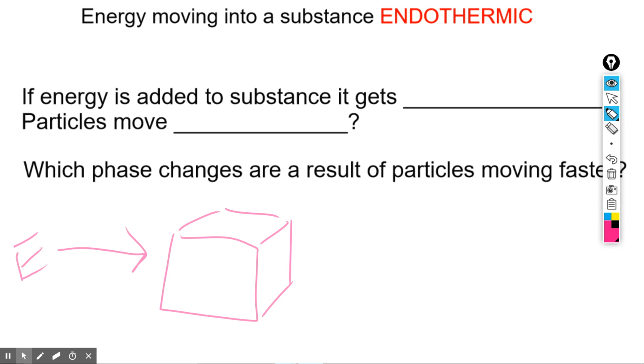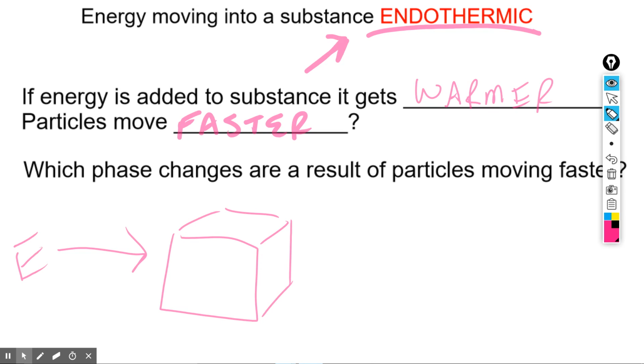So when energy is added to a substance, it gets warmer and the particles move faster. This is an endothermic phase change. Energy is moving into the substance. The particles move faster. The substance gets warmer.